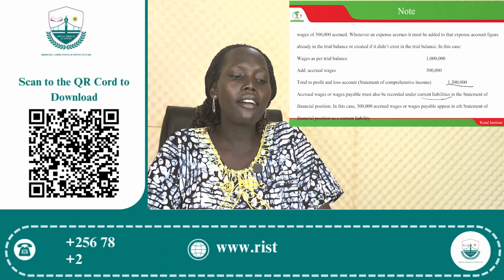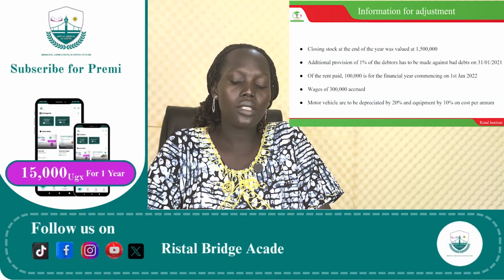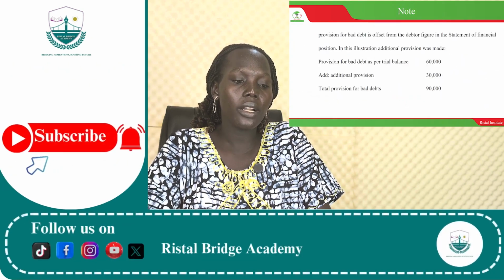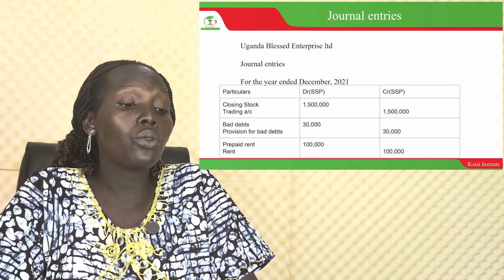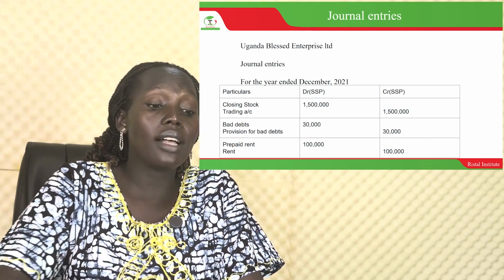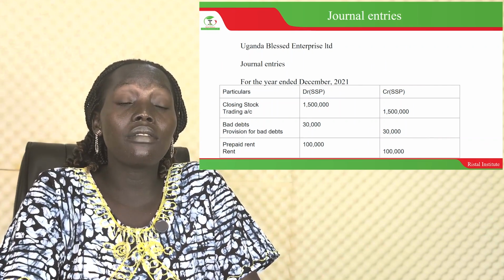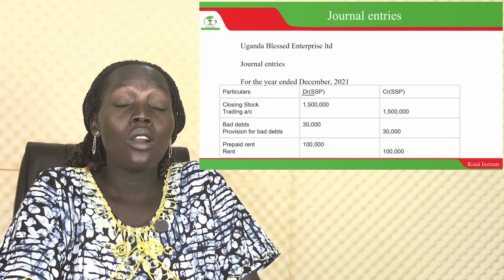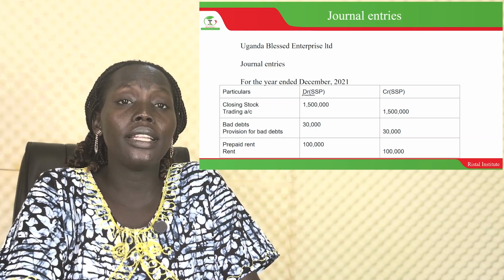So the closing stock, what does it mean? It means that we have to get two accounts in our journal entry and we balance them. So we have the closing stock. The stock is receiving, which we put under debit side. Whenever an asset is receiving, we debit.